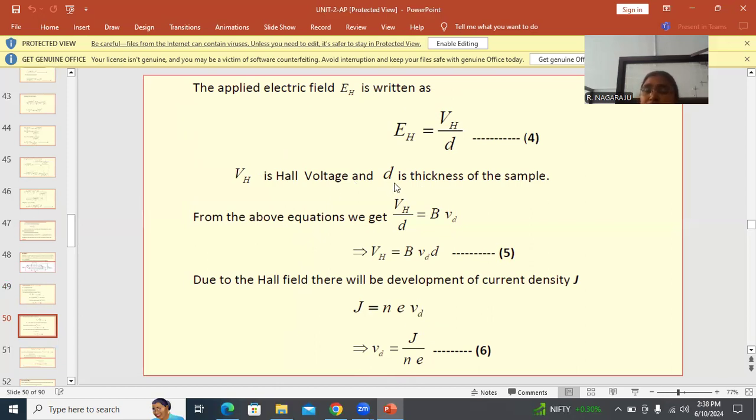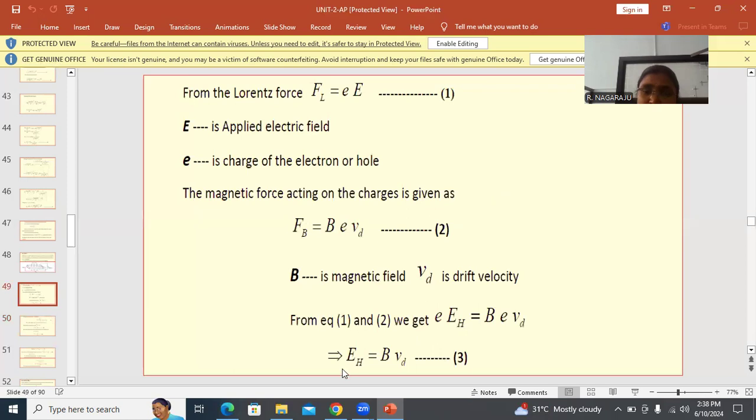Small d is the thickness of the material, whatever material you are taking. Now substitute equation 4 in equation 3. What is equation 3?